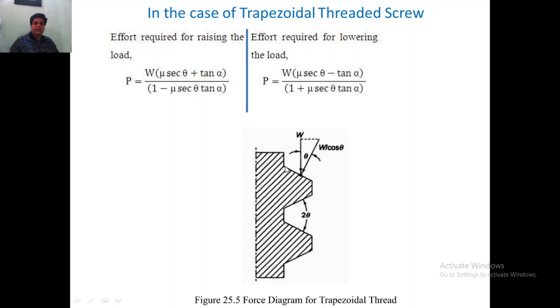In the square thread it was perpendicular, but in the Acme thread the surface on which the load is acting is inclined. So we'll be resolving the force W, or the load W, with respect to this theta. Theta is nothing but the thread angle.